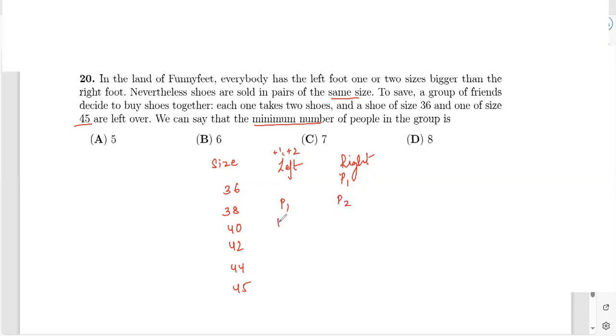And similarly, person two did this, person three. What this means is that person three had the left foot of size 42 and the right foot of size 40. That's how it's been paired. So we get person 4 and then person 5, wherein this and this will be left over. So what is the minimum number of people in the group? The minimum number of people in the group is 5 people.